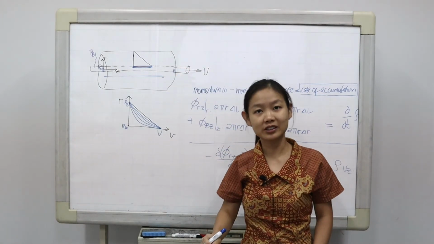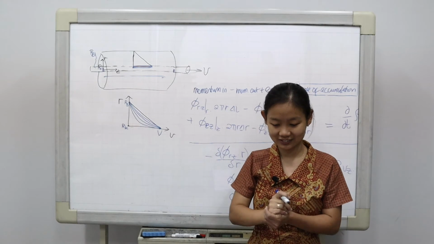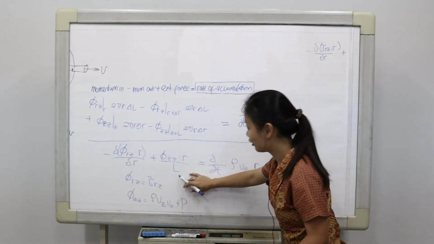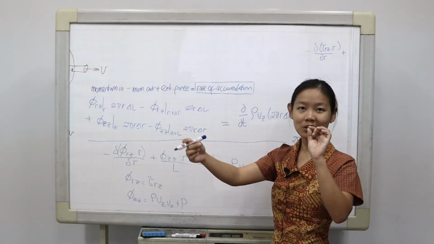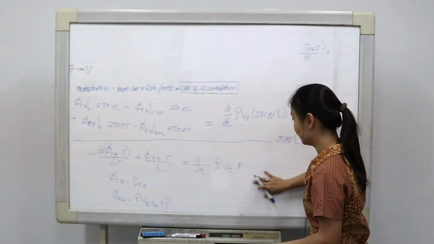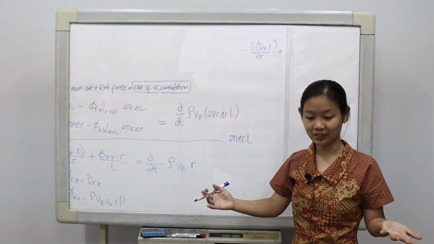Do they have pressure difference? No, they don't have pressure difference in and out. Why? Because we have no flow. So basically the vZz is all 0.